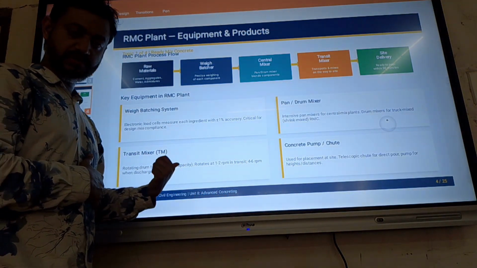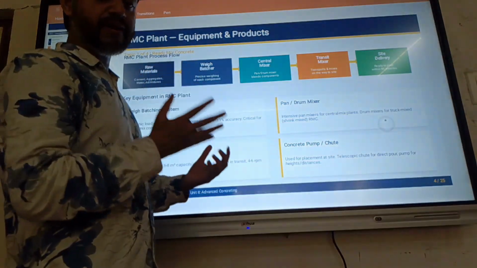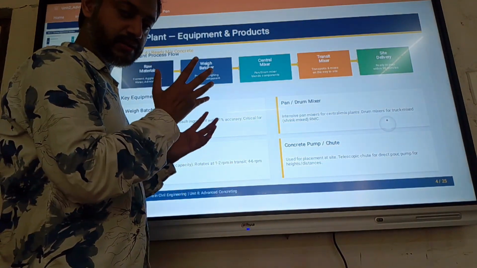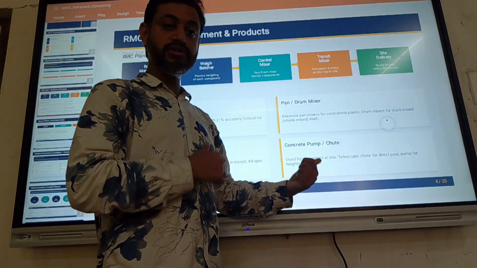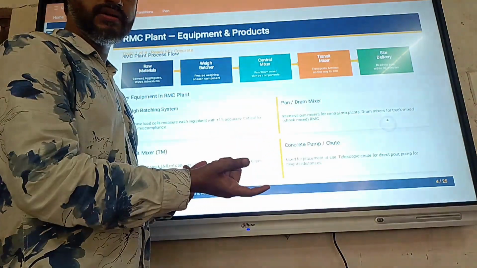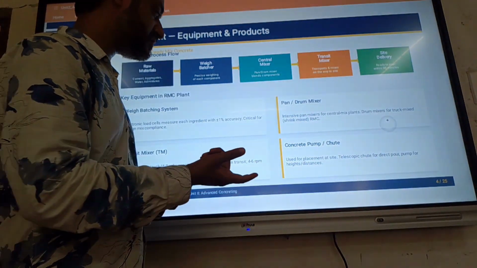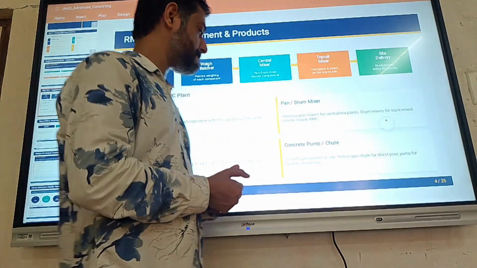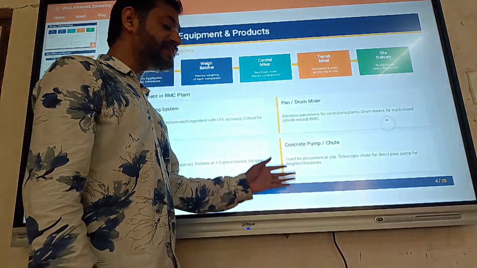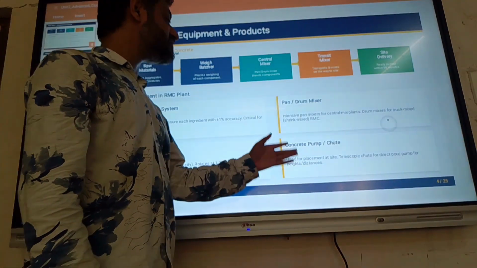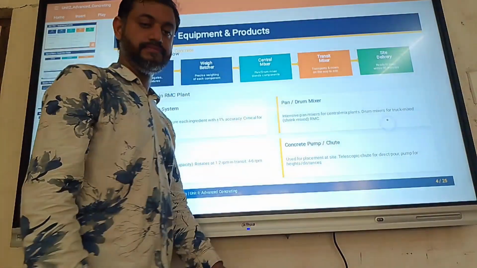Transit mixer, এটা আমি আগেও বললাম, which transfers the ready-made concrete from the plant to the desired site, and the concrete pump which actually delivers the RMC to the desired site. So then comes the concrete pump which is actually used to place the fresh ready mix concrete to the site.